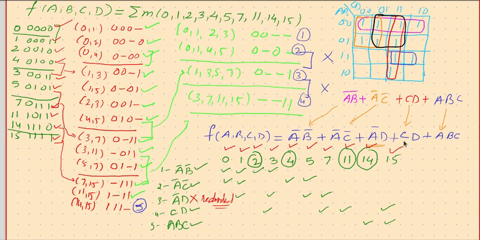So we can neglect this one and finally say that A bar B bar or A bar C bar or CD or ABC is our final expression as we can get it from our K-map. So this last step we need to ensure what all minterms are there and what all minimized terms are there, and see what are the minimum number of terms required to ensure that all minterms get covered.